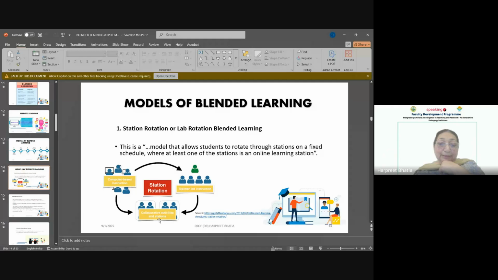In another one, they are doing collaborative activities like projects, focus group discussions, role plays, or any other activity which is also learning based. And another group of students is doing online learning. They are looking for material online, which will enhance their learning along with the teacher-led instruction.